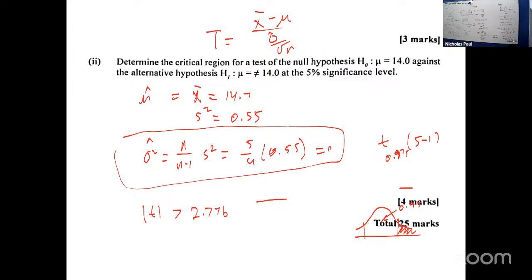So 0.55, but they wanted sample variance. So let's say n over n minus 1 times S squared. All you have to do is rearrange the formula and solve for S squared. And you got what? S squared is 0.44. That's the sample variance. That's S squared. 0.55 was sigma hat squared.